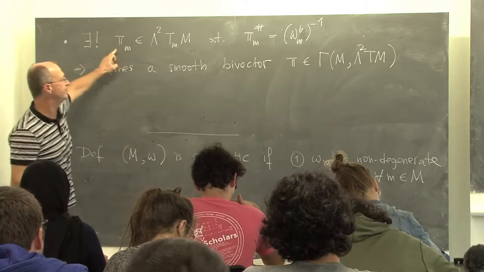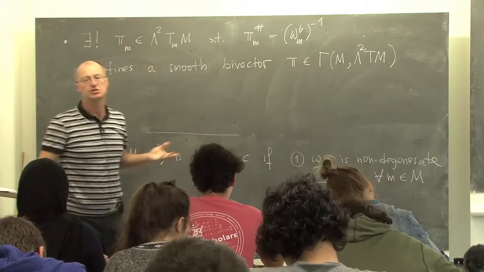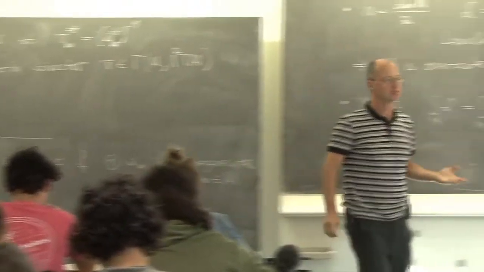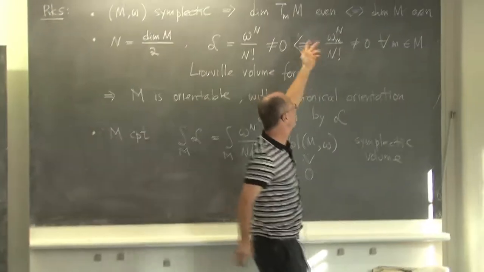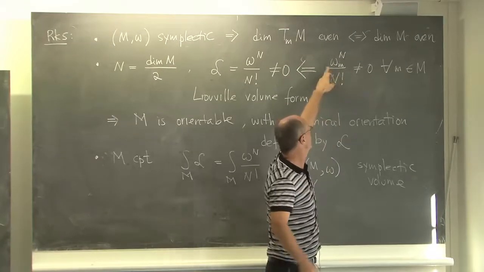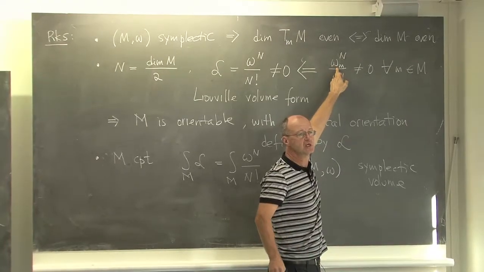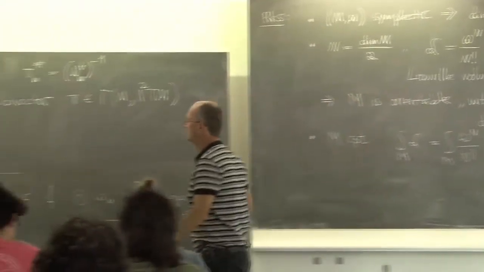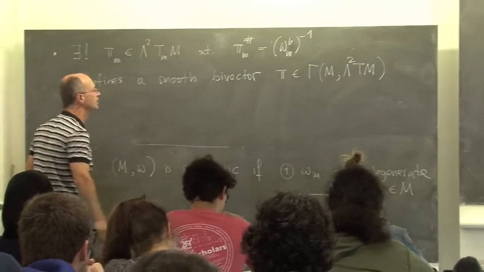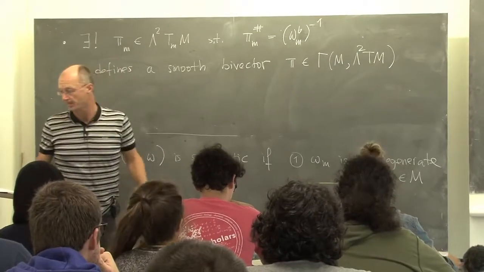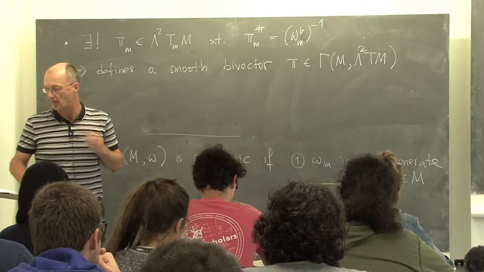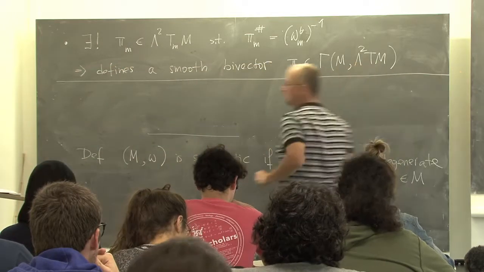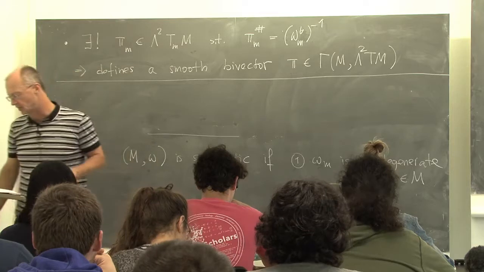So these are just values of this bivector. It's smooth essentially because we have a smooth invertible element. Locally, we can think of it as a kind of matrix, a smooth invertible matrix. Its inverse is also smooth, and it defines this pi. Okay, maybe these are the first remarks.